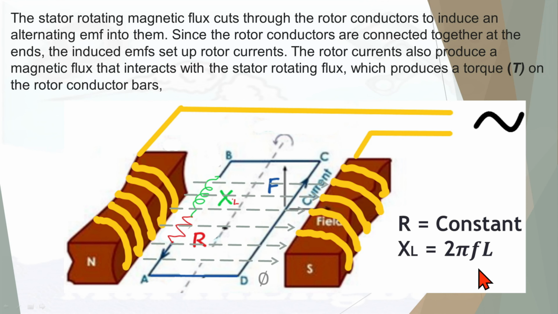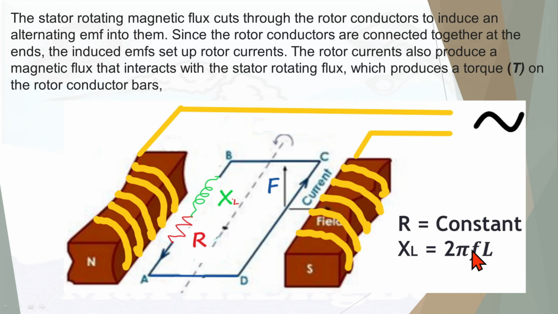But the reactance, XL, depends on the frequency of the induced EMF flowing in this loop and also the inductance of the coil. The induced EMF frequency is proportional to the slip frequency, which we can also call the flux cutting rate frequency. From the beginning, the flux cutting rate, or the slip frequency, will be maximum.